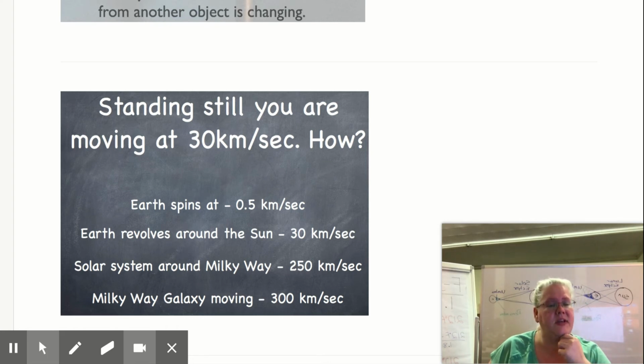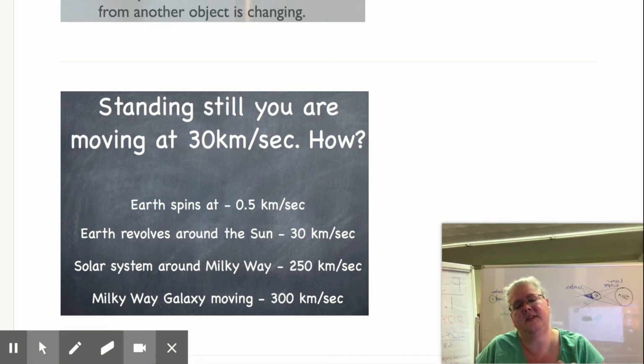Well, think about if you're in a car. Have you ever been in a car and taken a ball or had something in your hand and you tossed it up and caught it and it came back to your hand? Well, the interesting thing is, relative to the car, you aren't in motion, but the car, relative to everything else, is in motion.